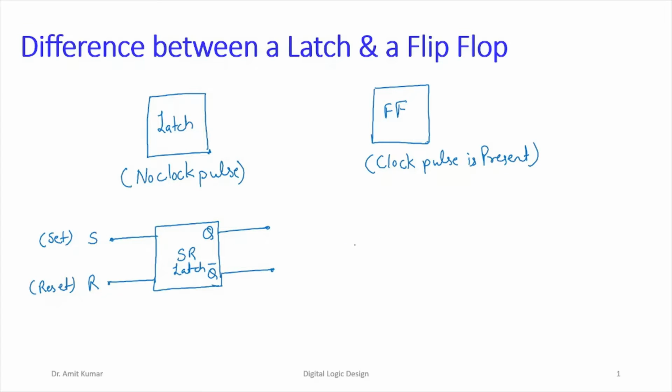Now if we consider the same SR to be a flip-flop, then in that case, if we have an SR flip-flop, the inputs will be exactly the same, S and R. These are the outputs Q and Q bar. So inputs and outputs are the same.